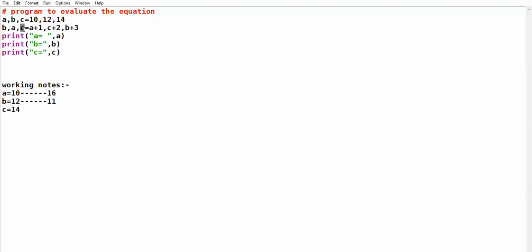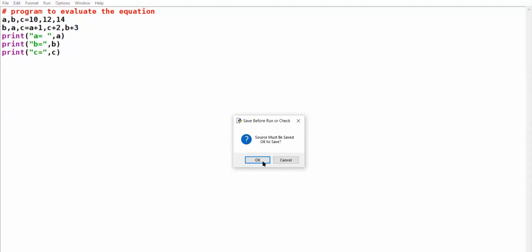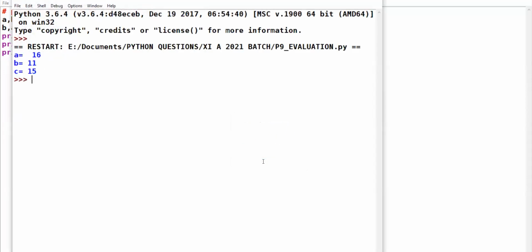And C 15. Okay. Let us see the output. Am I clear to all? Yes, 11th class. Am I totally clear to all?